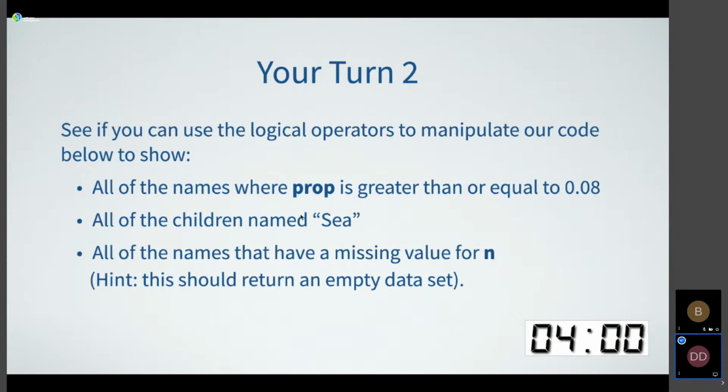Then we're going to try and get the rows that are all the children that are named C. And then we're going to try and get all the names that have a missing value for n. And this is going to tell you that it's going to return an empty data set. And it's also going to introduce you to the is.na function. It's exciting.